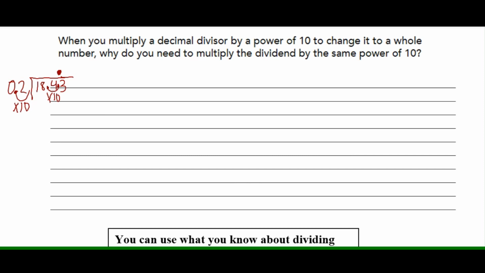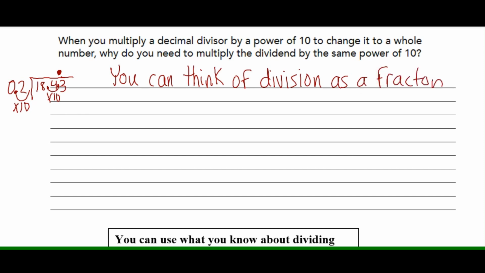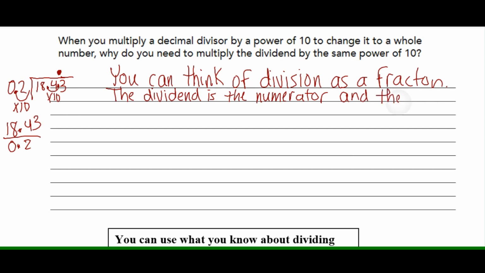So let's go ahead and write that down. You can think of division as a fraction. So if I were to write this as a fraction, it will look like this. Division is a fraction. The dividend is the numerator, and the divisor is the denominator.